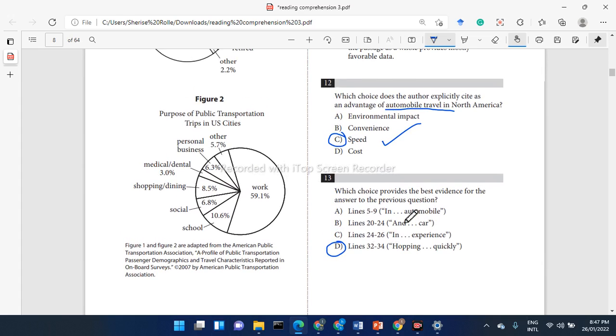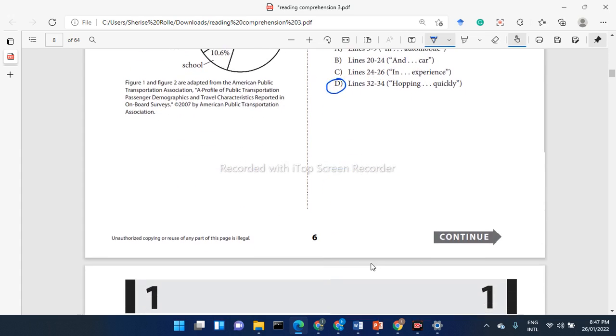We were trying to ask where you get the evidence from for number 12, and we got that from lines 32 to 34. All right, we have to move. I don't want us to spend forever with this.